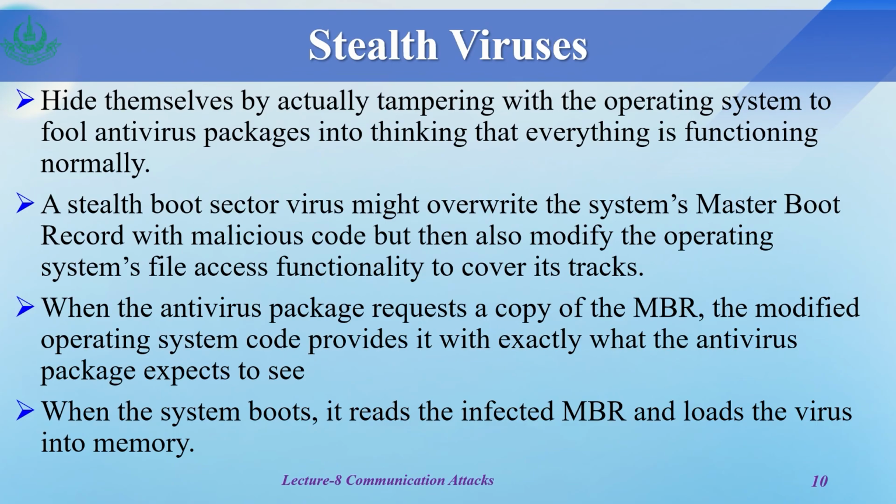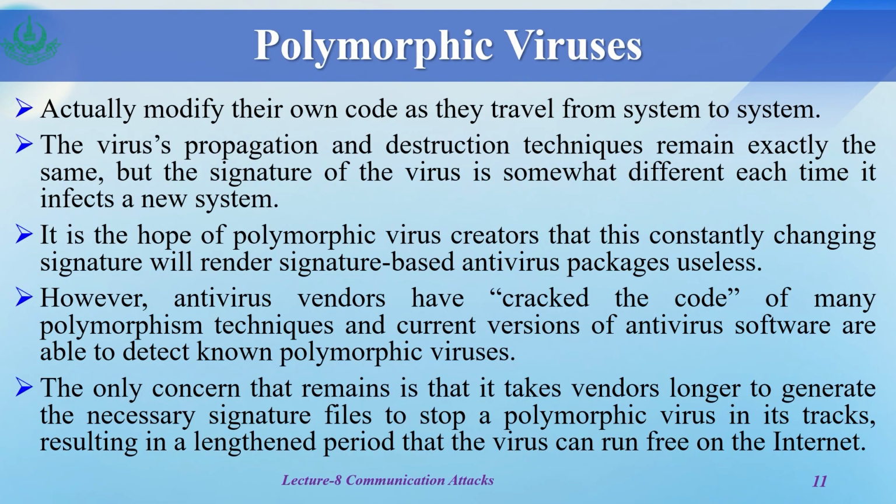When an antivirus package requests a copy of the master boot record, the modified operating system code provides exactly what the antivirus package expects to see. When the system boots, it reads the infected master boot record and loads the virus into memory.